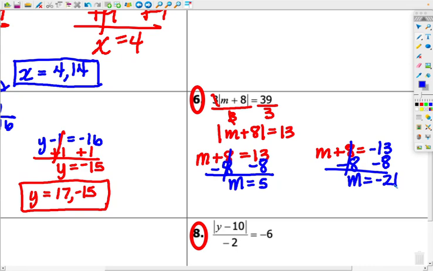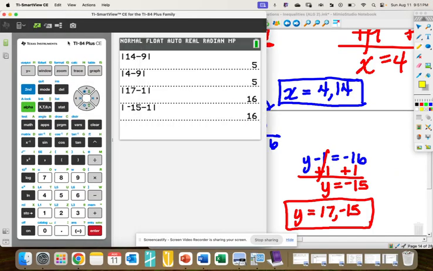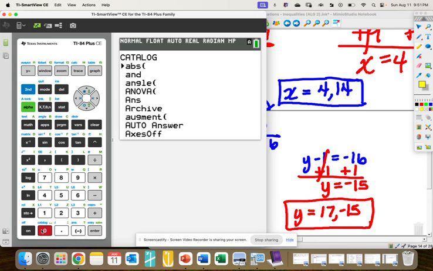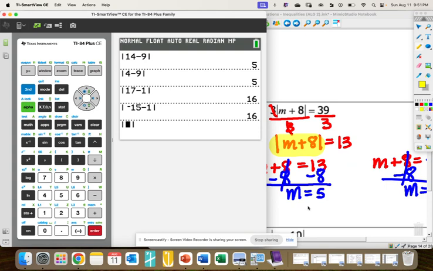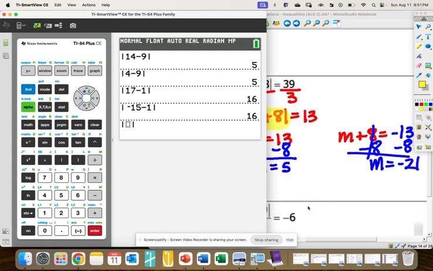Once more, we want to substitute these answers into our expression, which is the absolute value of m plus 8. So I go back to my calculator, second zero, and my answers were 5 and negative 21.